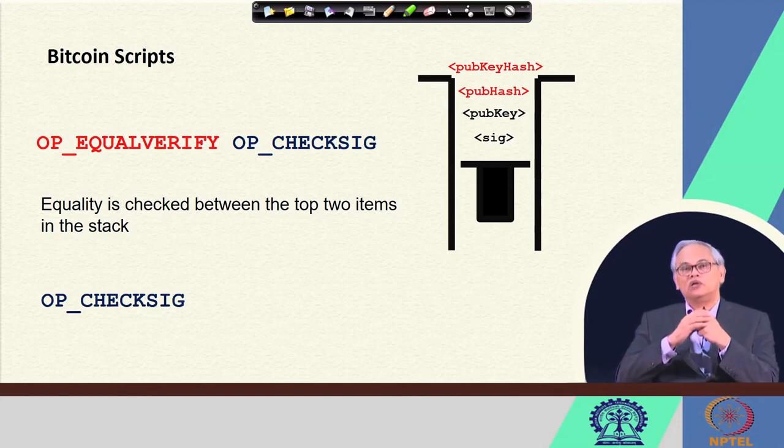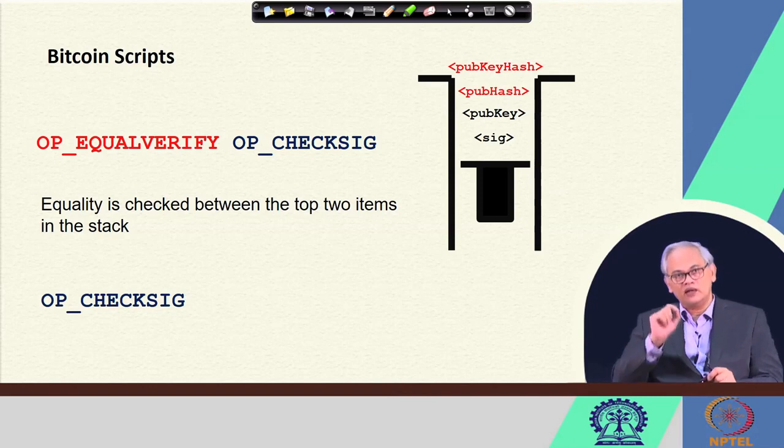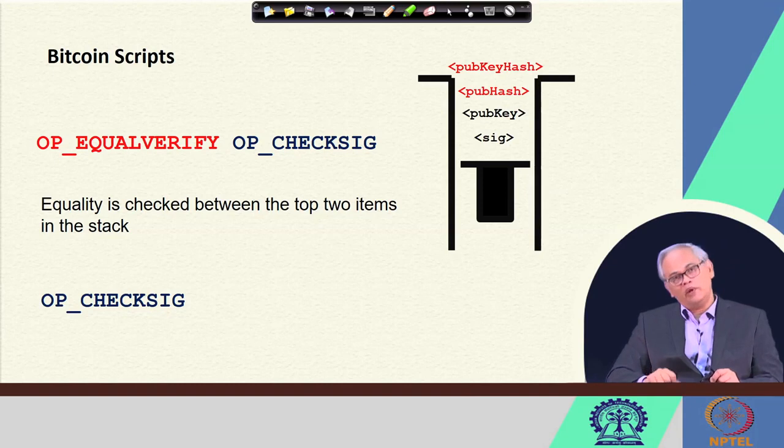These two are now checked for equality, and that is what is being done in this OP_EQUALVERIFY operation. And if it matches, what does it guarantee? It guarantees that a hash of Bob's public key is the one to which Alice had made the payment.